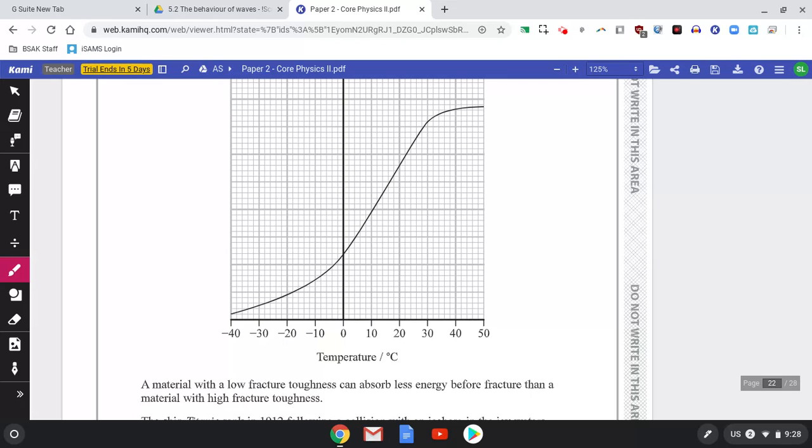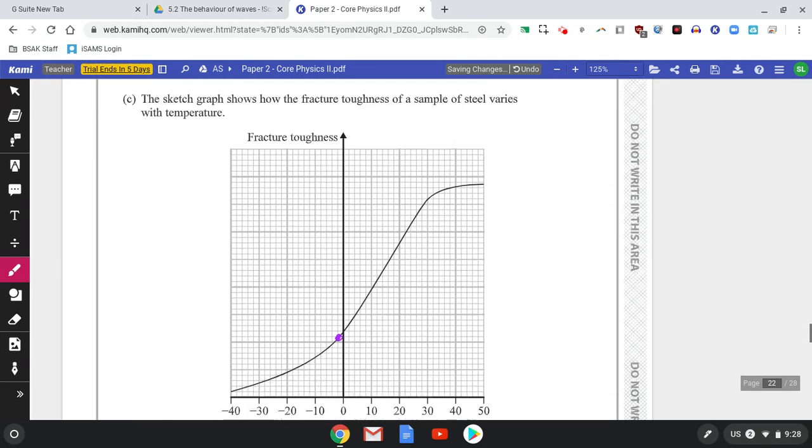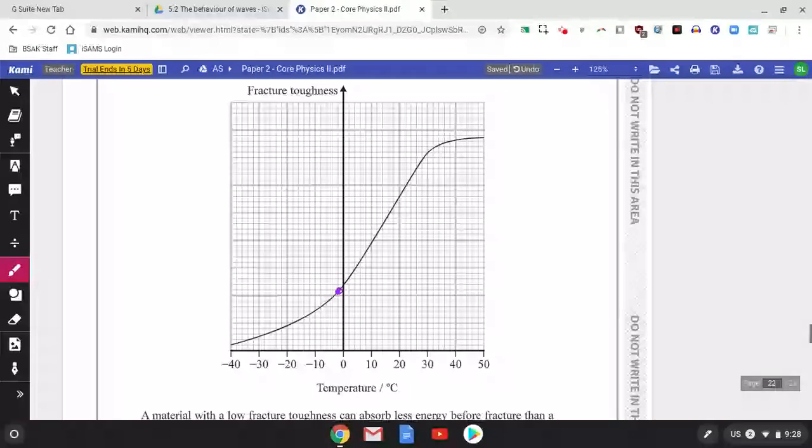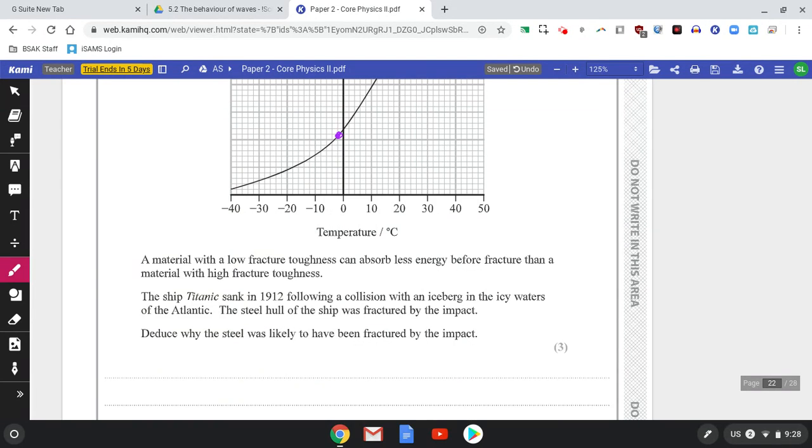So the fracture toughness of the hull of the Titanic is going to be about there. Now we're not given any units here, but we're just going to describe what happens. We've got a rapid drop off in fracture toughness. So why has that caused the Titanic to sink? Well, obviously it's cold.